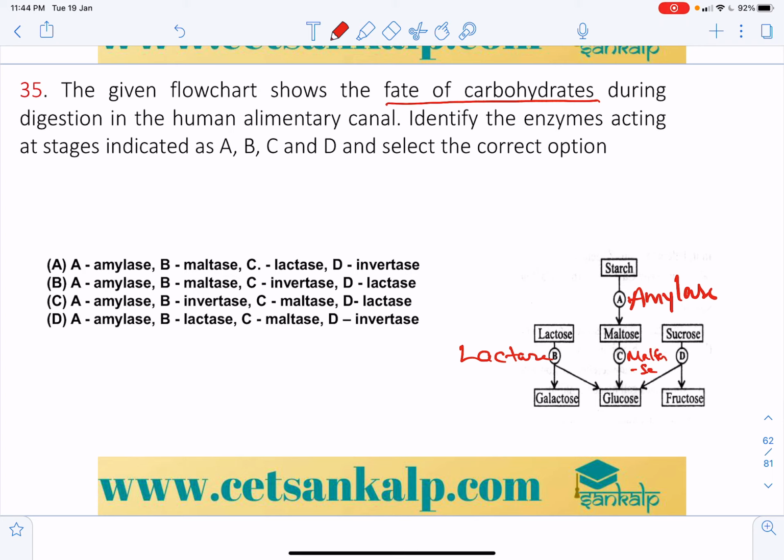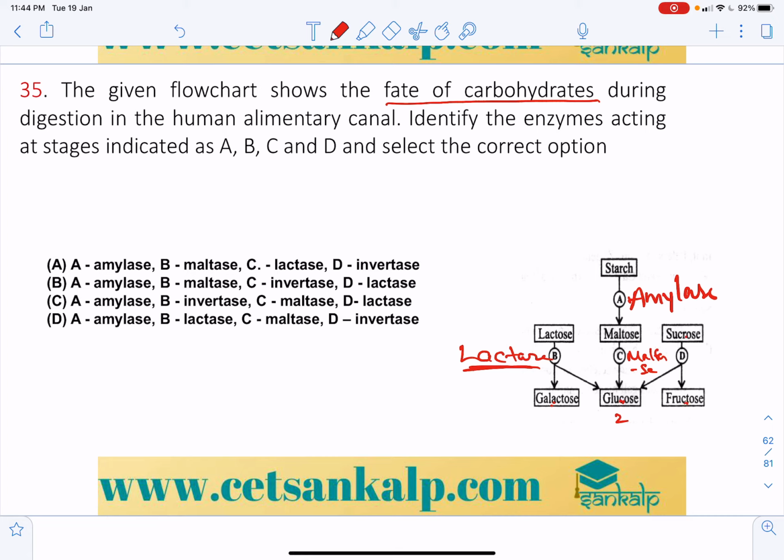Sucrose and the others are converted into two monomers. Maltose always produces two glucose monomers. Lactose, when digested with the help of lactase, produces galactose and glucose. Sucrose produces fructose and glucose.